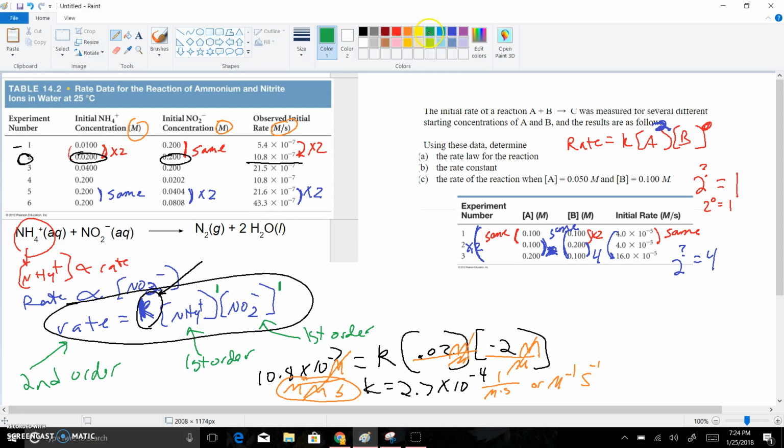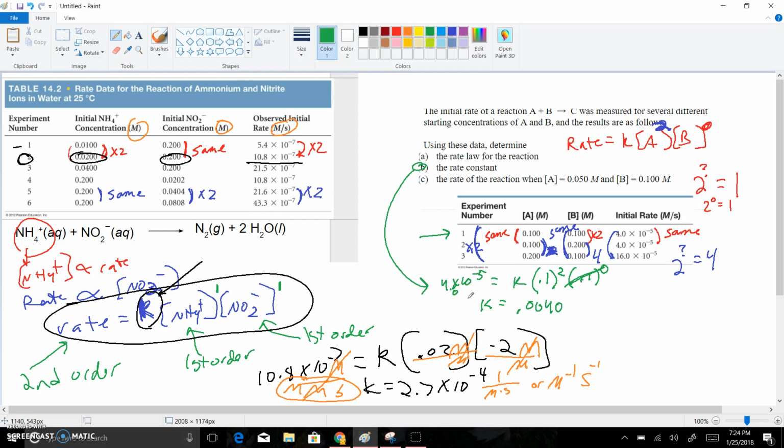If I wanted to solve for the rate constant, I'm going to plug and chug in numbers. I'm going to take everything in lane 1. My rate is 4 times 10 to the negative 5 equals K times A, 0.1 squared, times B, 0.1 to the 0, which was really just 1, so it doesn't matter. If I rearrange things, I'm looking at K is equal to 0.0040. I want 2 sig figs, because this is really 4.0.